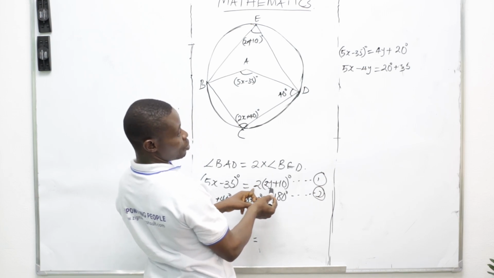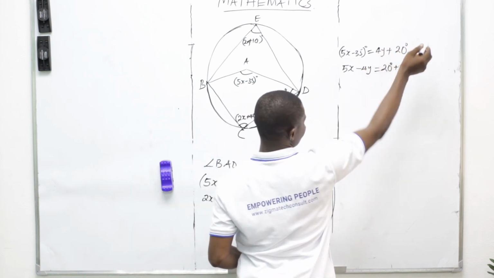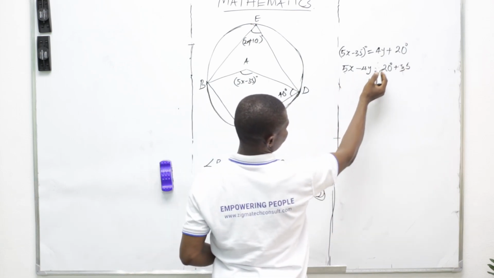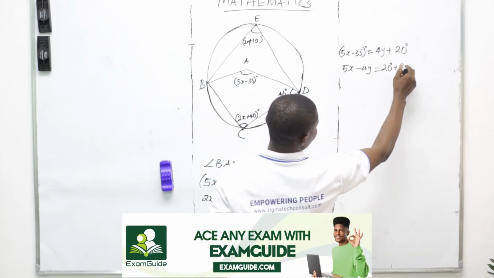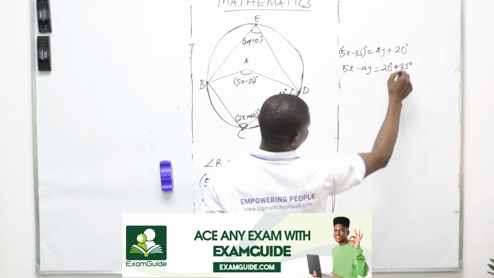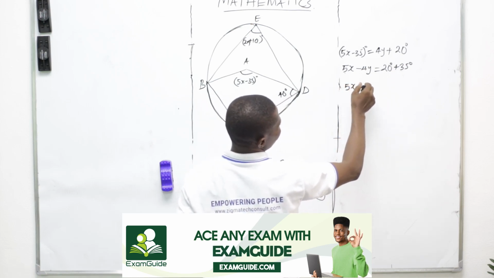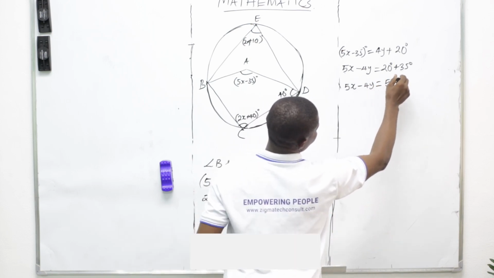So, interpreting this, when I open this bracket, we're going to have 4y plus 20 degrees. So that 5x minus 4y, when you collect like terms, equals what? 20 plus 35 degrees. When you have that, 5x minus 4y equals 55 degrees.